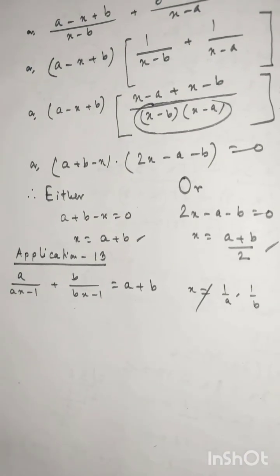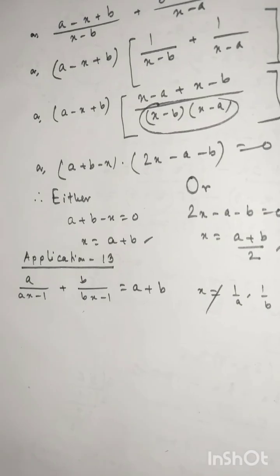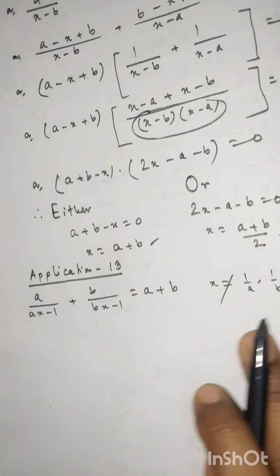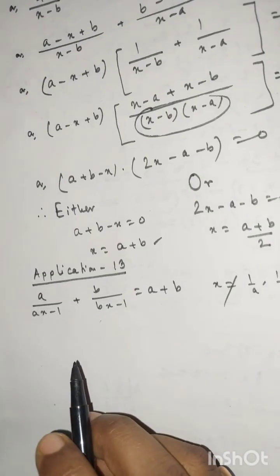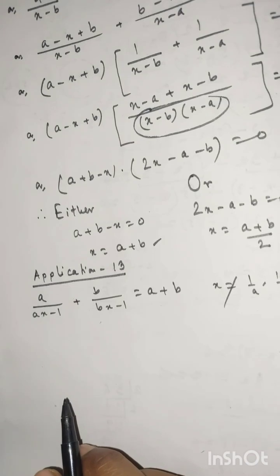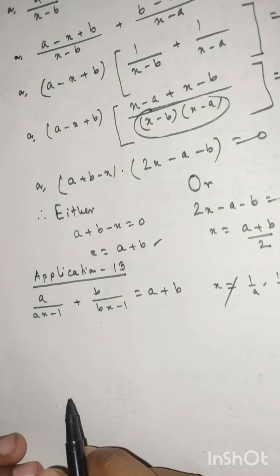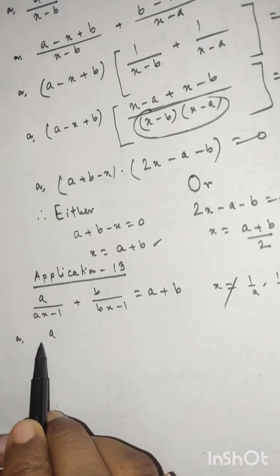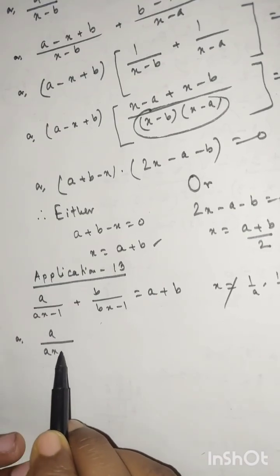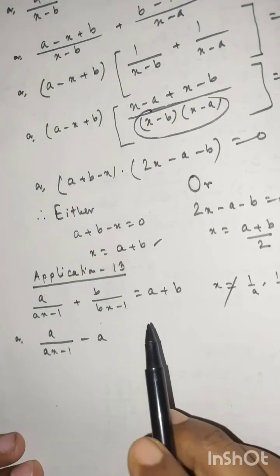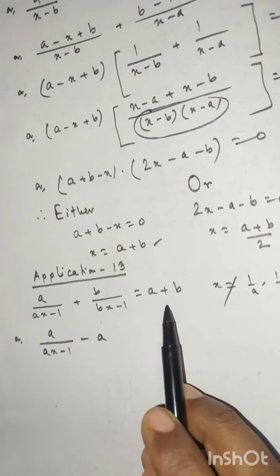So this is our question. Now let us do it. We are taking A and B to the left side.